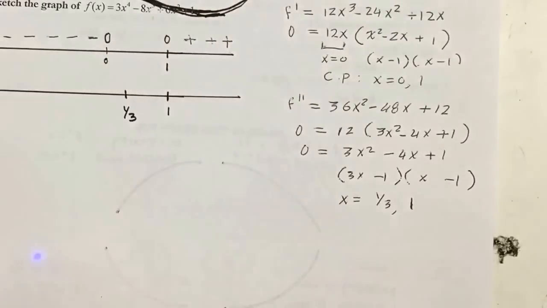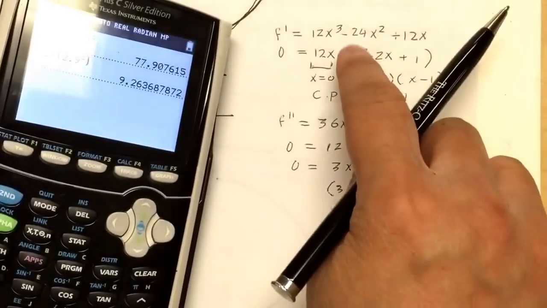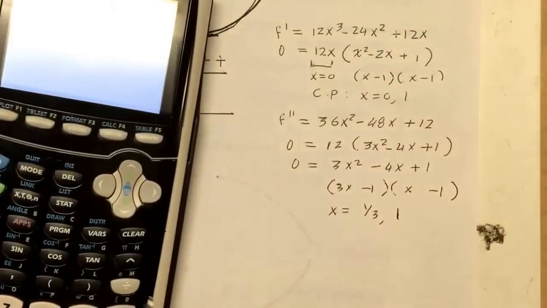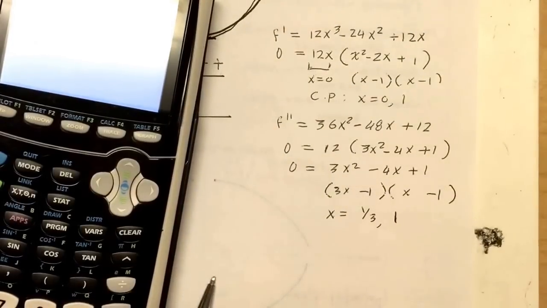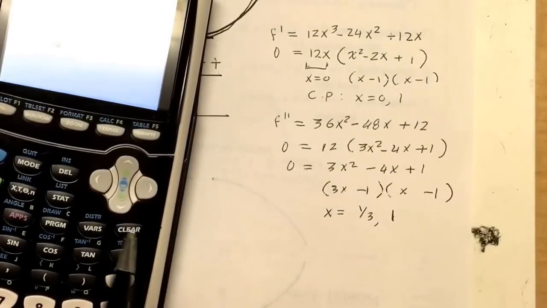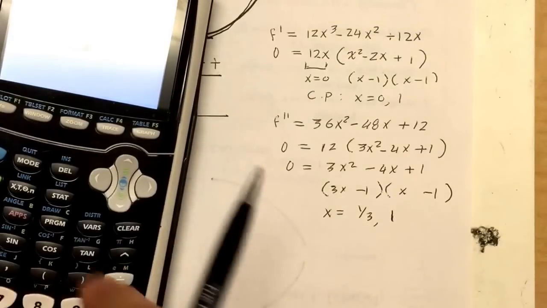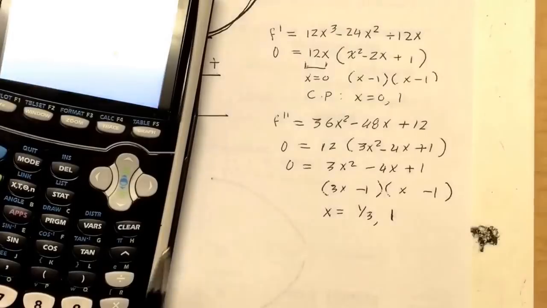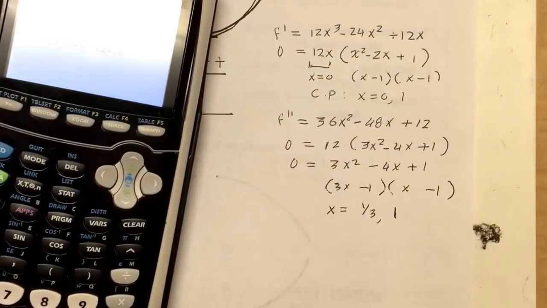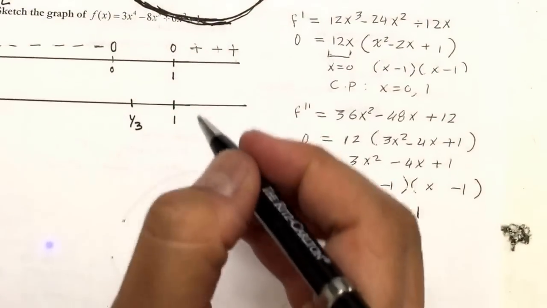When you pick a number between 0 and 1, you really have to test. So I'm going to pick 0.5 and plug it in to see what the first derivative gives me. 12 times 0.5 to the third minus 24 times 0.5 squared plus 12 times 0.5 gives me a positive number. So the sign in here is positive.